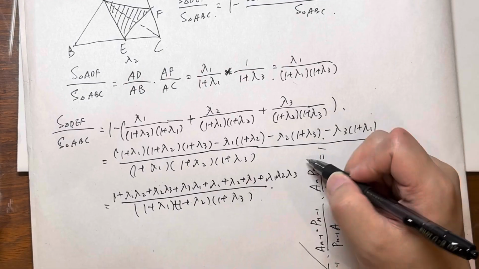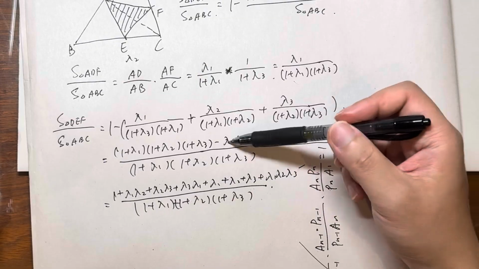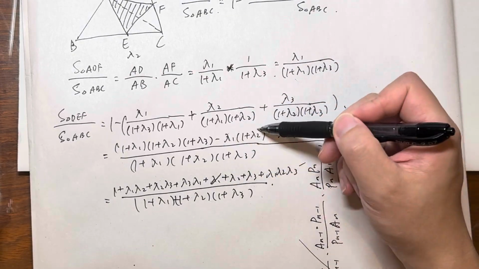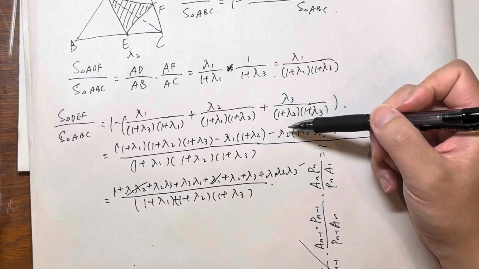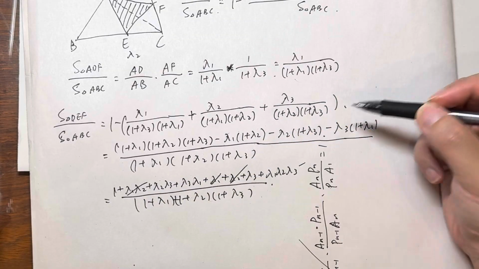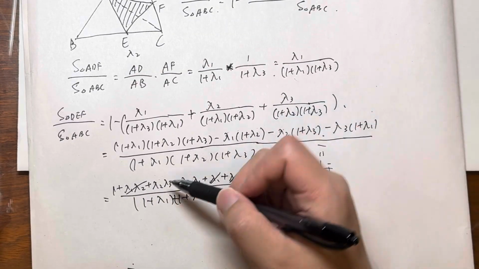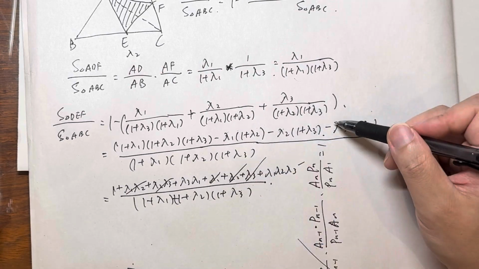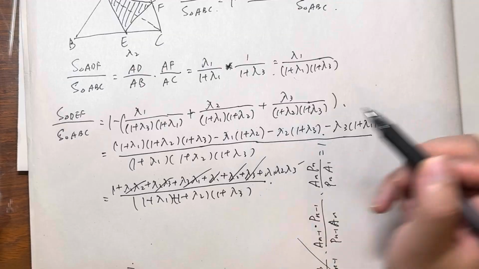That's the first one. And the rest of the part would be minus lambda 1, so this is gone. Minus lambda 1 lambda 2, this is gone. Minus lambda 2, this is gone. Minus lambda 2 lambda 3, this is gone. Minus lambda 3, this is gone. Minus lambda 3 lambda 1, this is gone. Right?